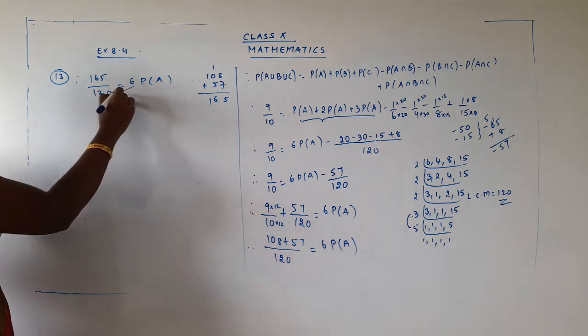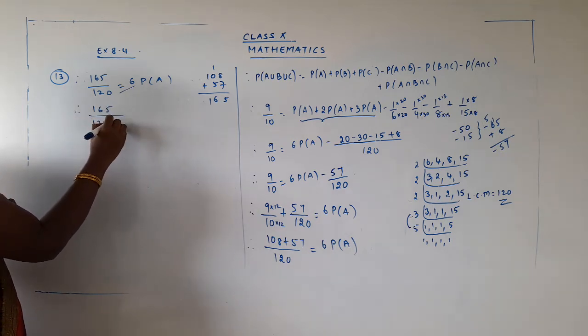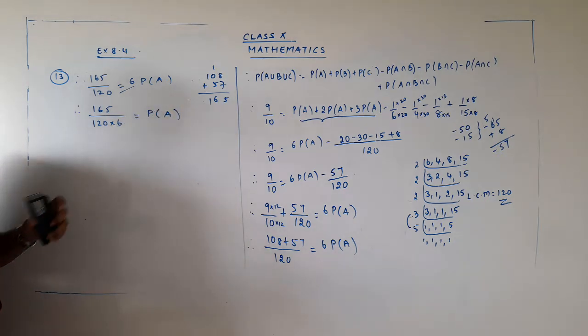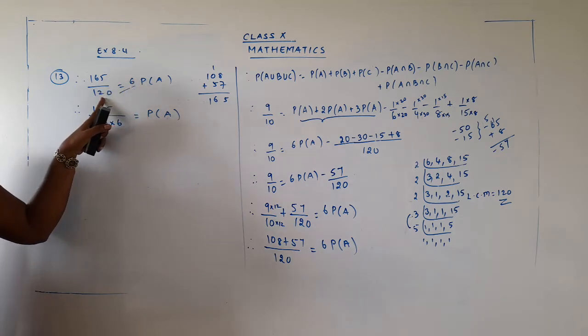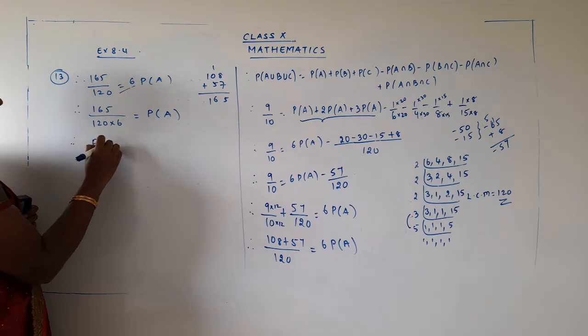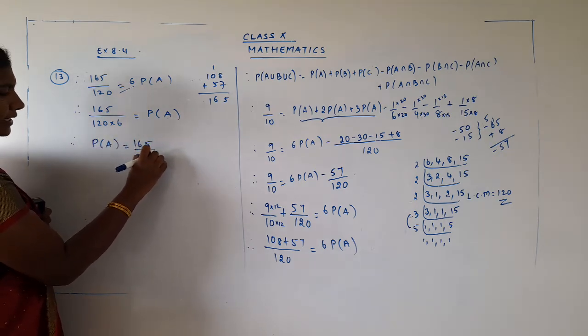It will just cross multiply. So I get 165 upon 120 into 6 is equal to probability of A. Do not take 6 to the numerator part. It is in the numerator, so it will come to the denominator when it comes to the left hand side. So this is, you can say therefore probability of A is 165 upon 720.